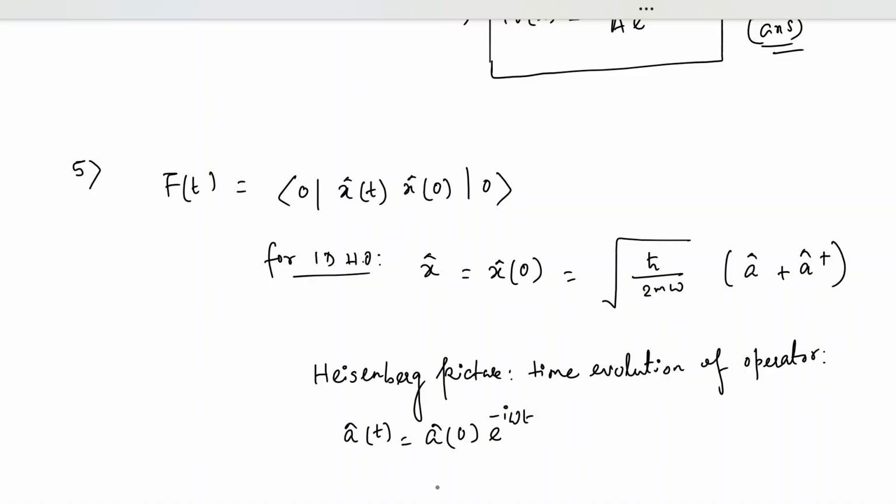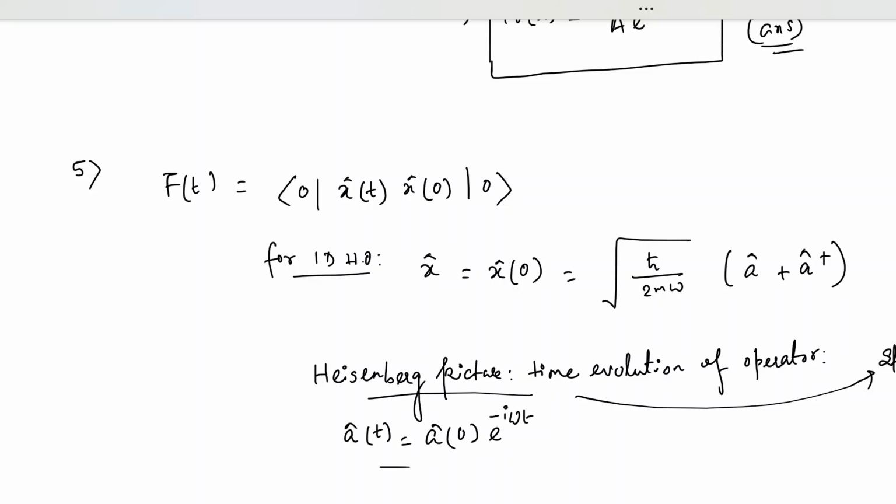So it has a time evolution of the operator, because in Heisenberg picture the rule is that your state does not evolve with time. It is just the opposite of Schrodinger picture where the state evolves with time but the operator remains fixed.